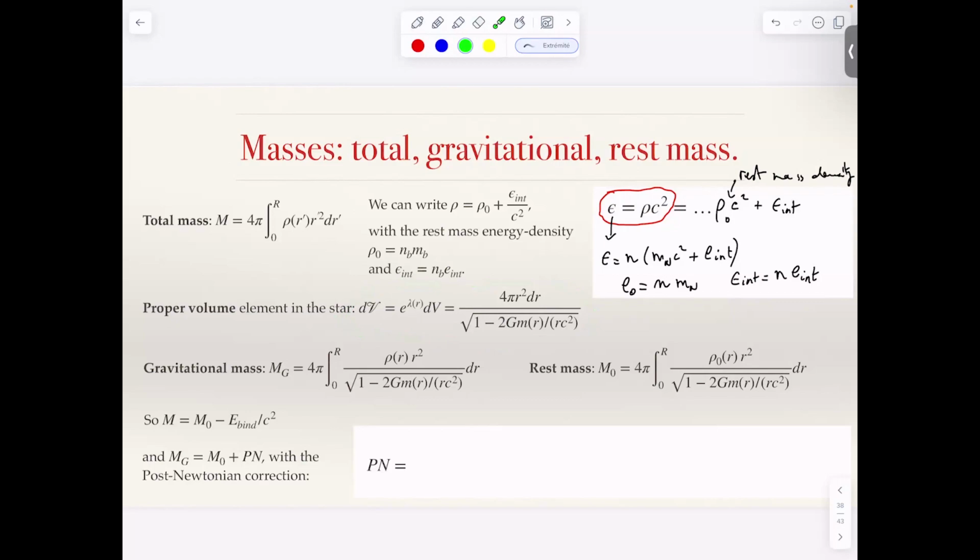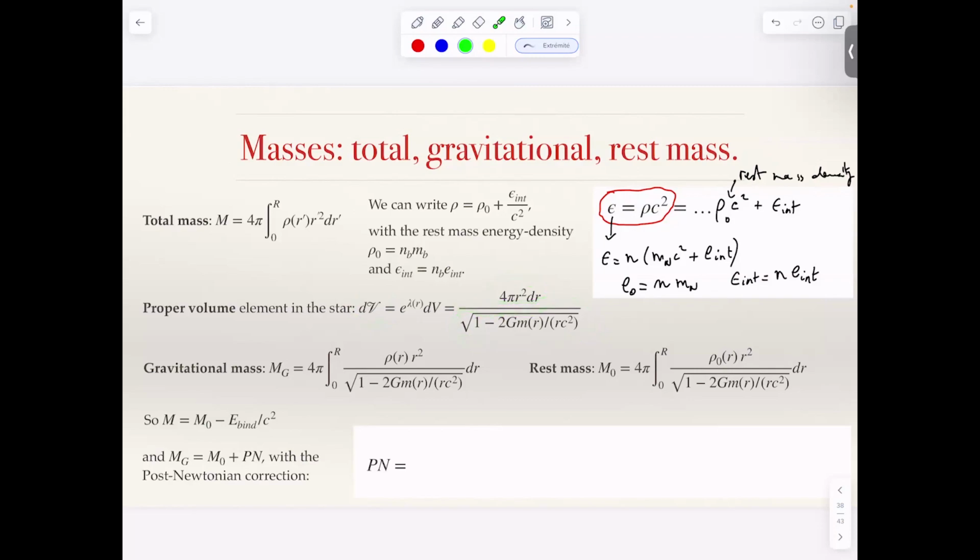It is not only 4 pi r square dr, but you also have this correction, which is a general relativistic correction. So when you measure a volume, you have to consider, on top of what you would have written naturally, this correction.